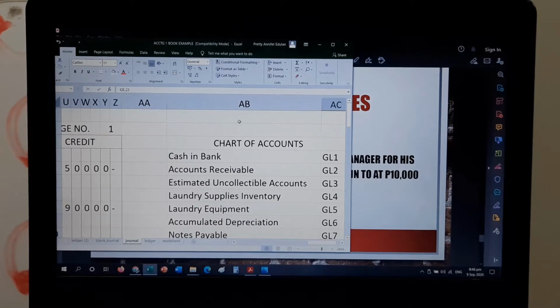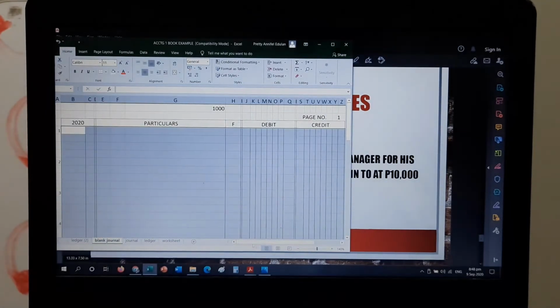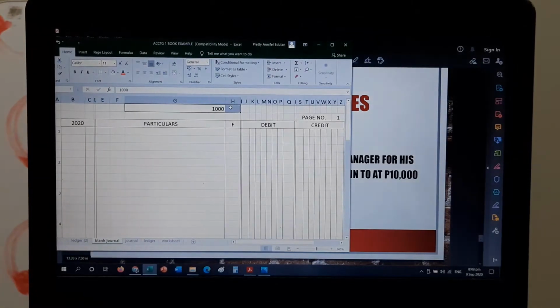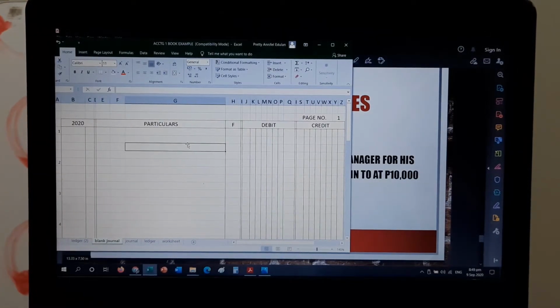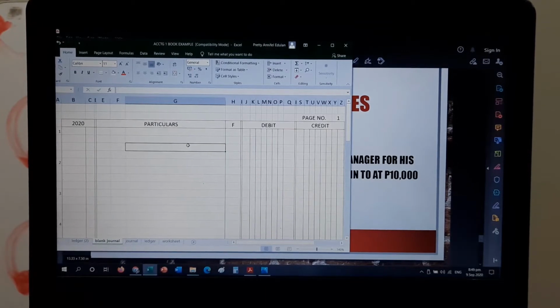If we have already numbered our chart of accounts, let us proceed with our journal. If you have noticed in your journal, take a look at your journal. If you could recall my policy, you are required to have your journal, ledger, 10-column worksheet, and bond papers.